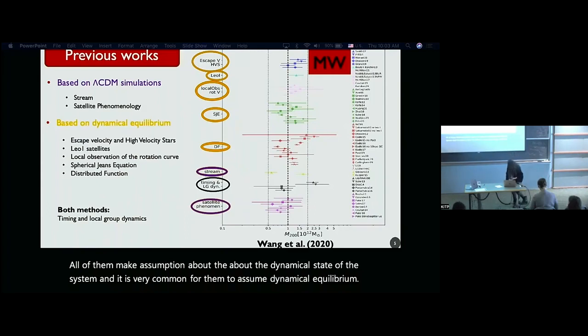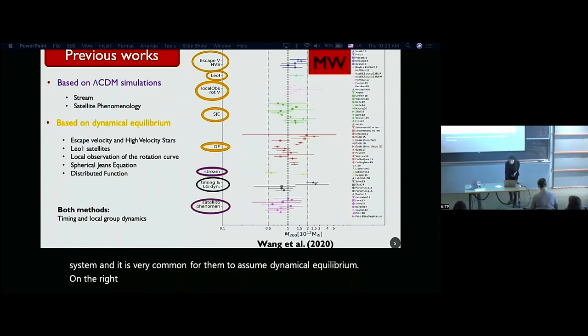On the right, we can see a summary of past Milky Way halo mass measurements from the Wang paper.